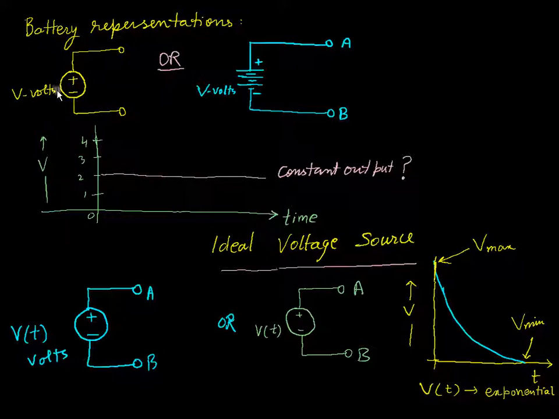When I write V volts, the upper terminal A is at higher potential and the lower terminal B at lower potential, or this can be represented by a battery symbol in this way instead. This second one is shown as a constant output source, and here you can see that voltage is a function of time, but the output voltage is constant. That could not actually be possible. It decreases exponentially. We will see it later.